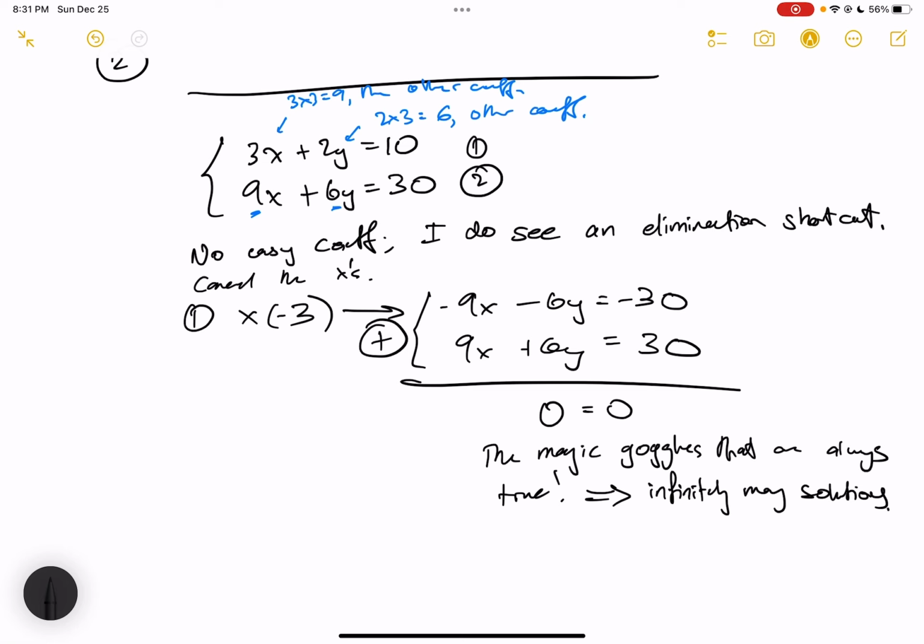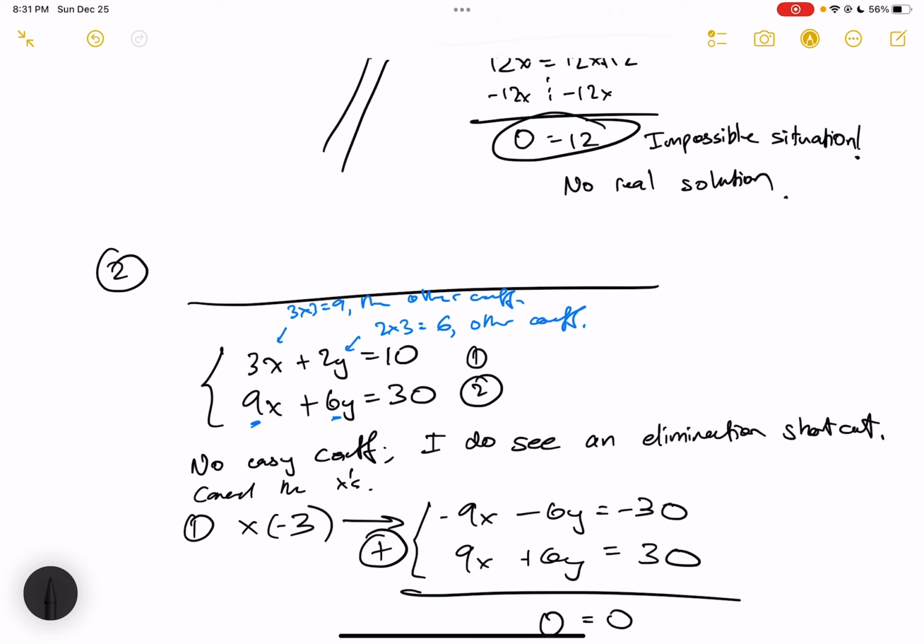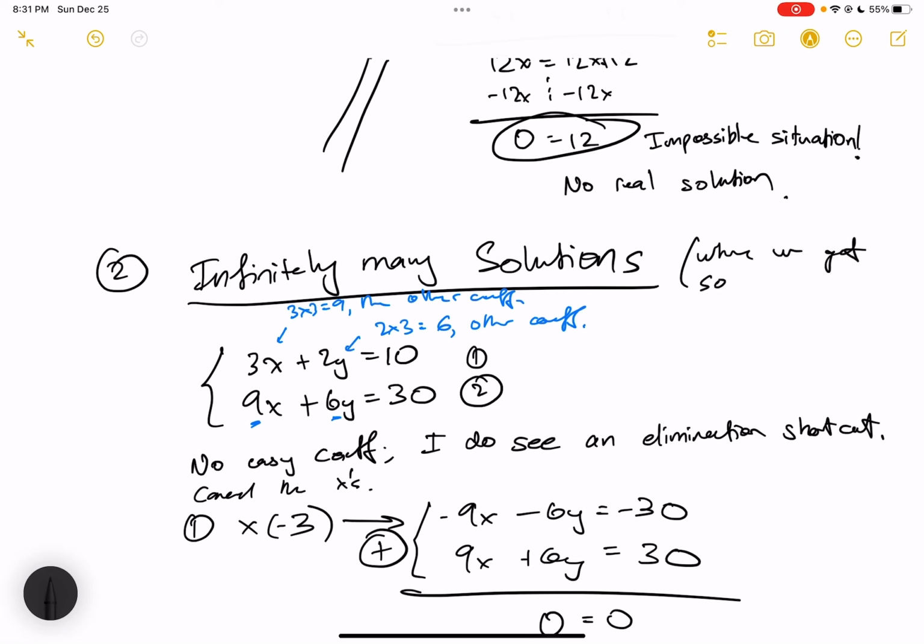Maybe you were already able to deduce what the second oddball was by that, but that's our second title right here. Infinitely many solutions. This is the one where we get something that's always true. Or in other words, 0 equals 0.